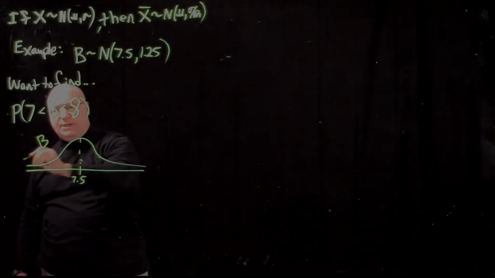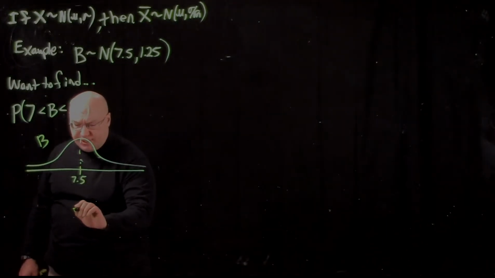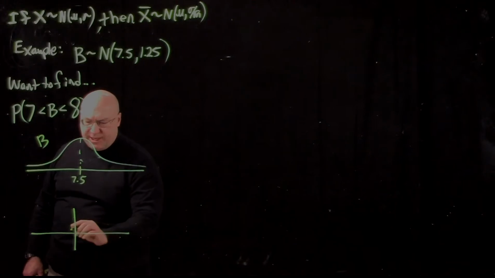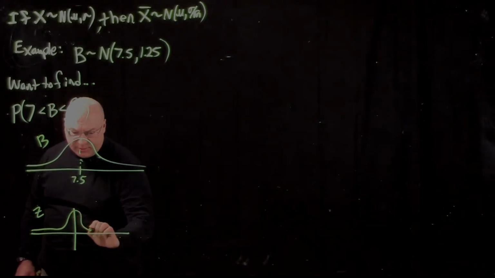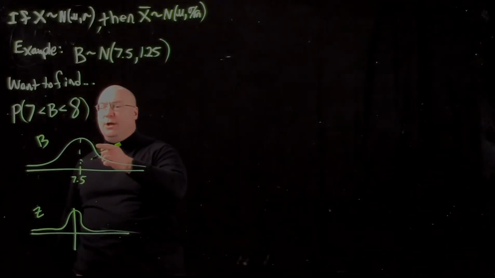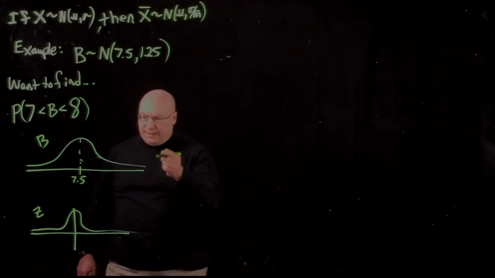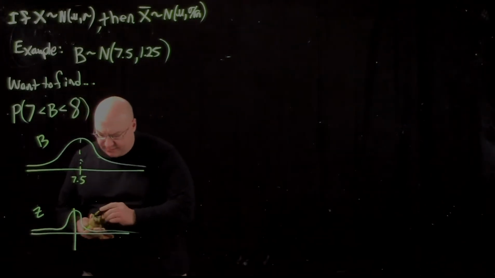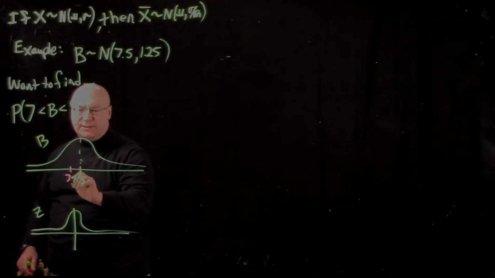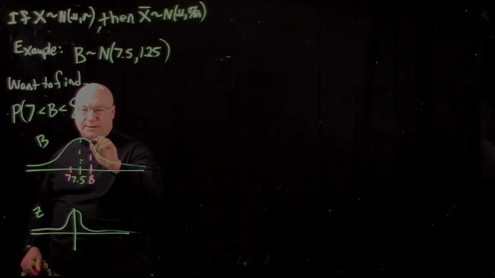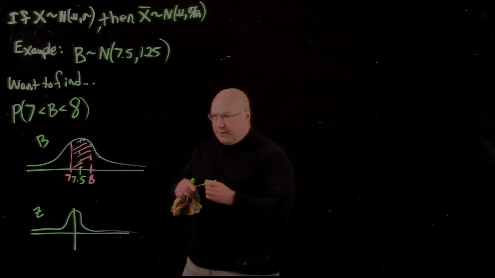I'm just going to say this is B. What I'm going to do is convert to a z-score, so I'm converting it to something in terms of the normal 0, 1 random variable. What area do I want? I want the area between 7 and 8.